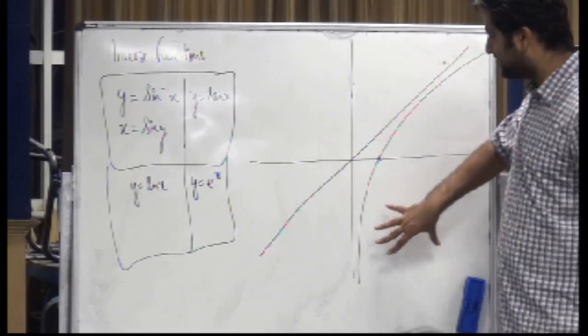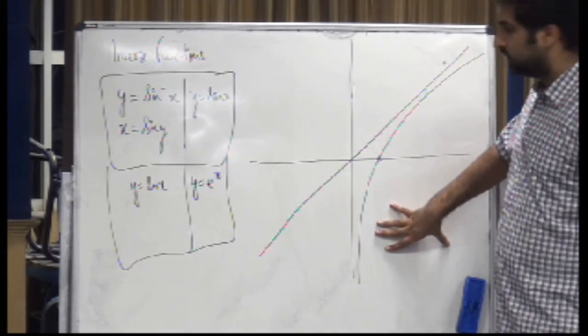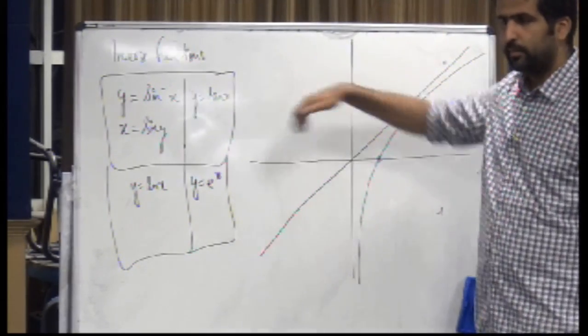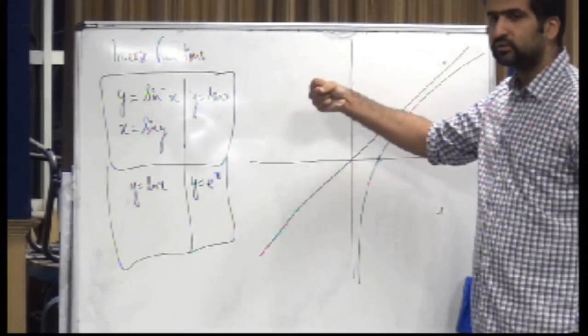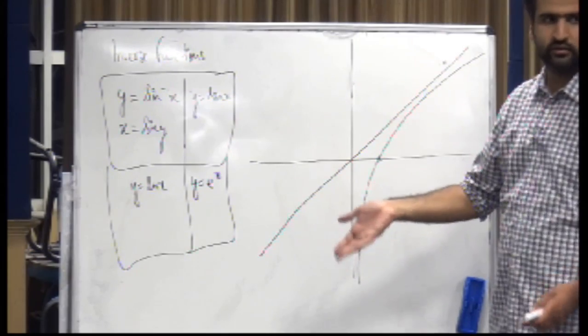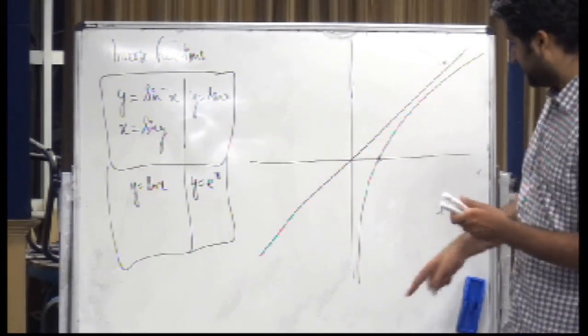So if this part is coming in the fourth quadrant, this graph will come in the second quadrant, because here y is negative, x is positive. Here y will be positive, x will be negative, because the values of x and y are interchanged. So the graph will start from here.